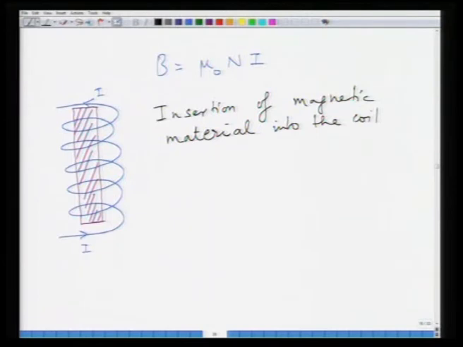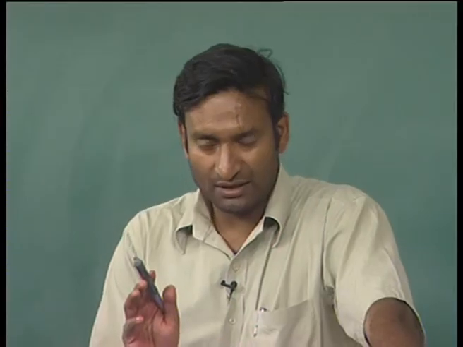this insertion of a magnetic material gives rise to a current which is induced in the magnetic material as well. Because it is a magnetic material, it is going to get affected by the induced field. If you already had field H, now when you insert a magnetic material, that gets amplified.